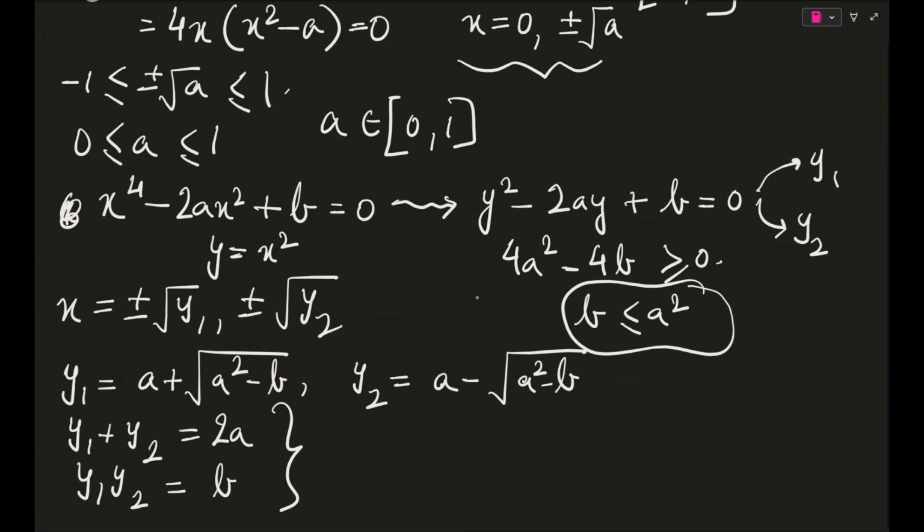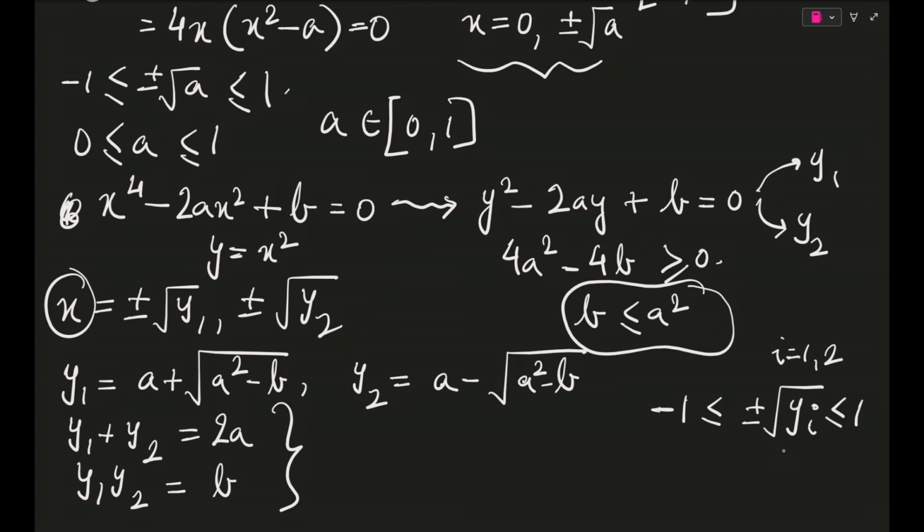Now basically what they have given us is that the roots refer to x, not y. So if I take -1 less than or equal to plus minus root yi less than or equal to 1, where i is equal to 1, 2, I am generalizing it.